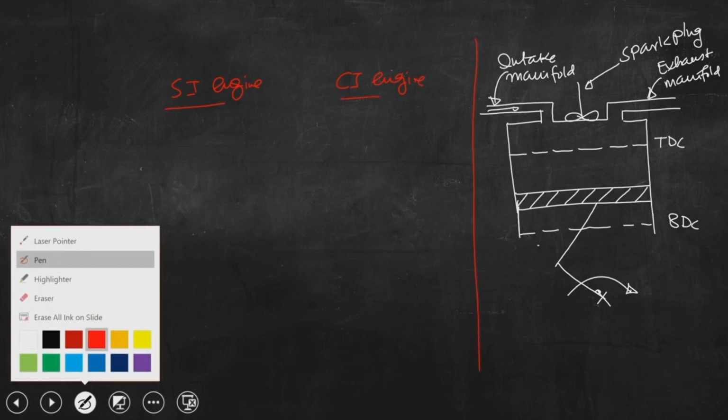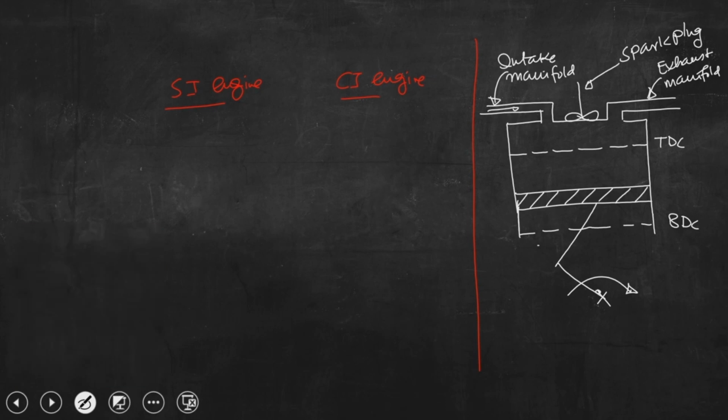So, next is the basis on which we can differentiate the operation of CI and SI engines. Next is the introduction of fuel. For the SI engines we have seen that a carburetor is there.